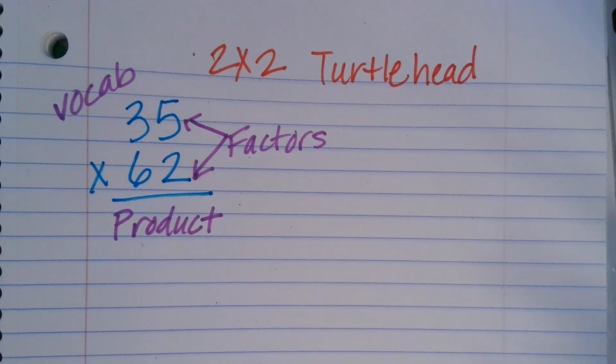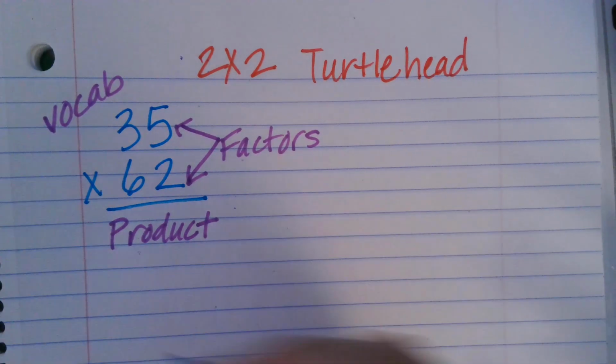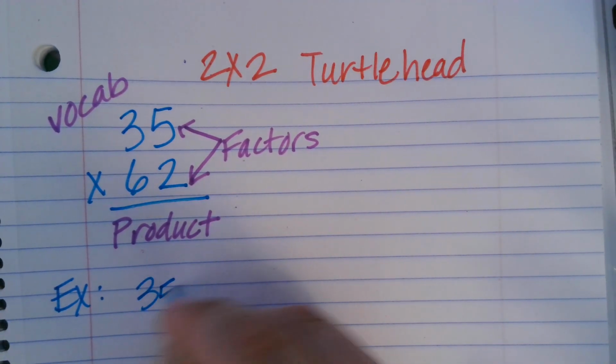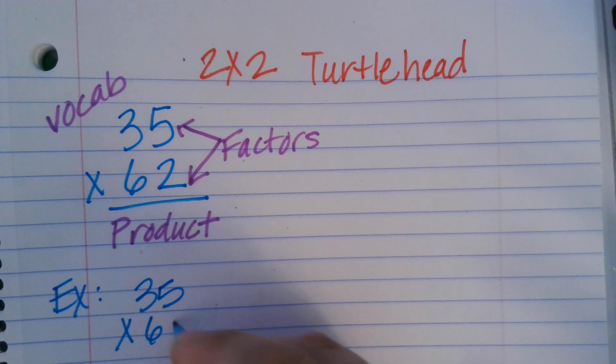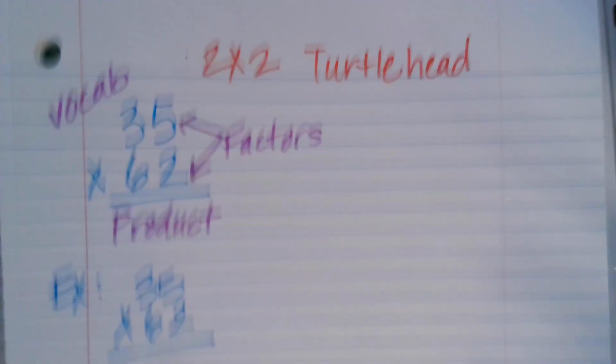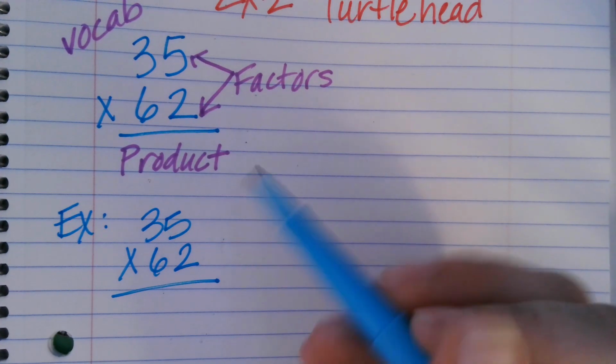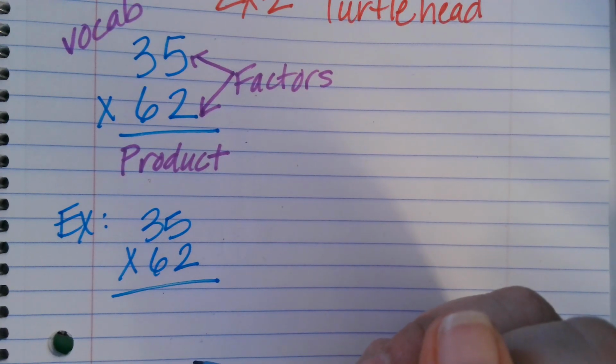Exactly right. Okay, so down here, I'm just going to rewrite that number as an example. Let's do 35 times 62. Now, when we were multiplying that bottom number times a couple of different numbers on top, like the one we just did as a quick warm-up, we talked about how we were going to go in order.